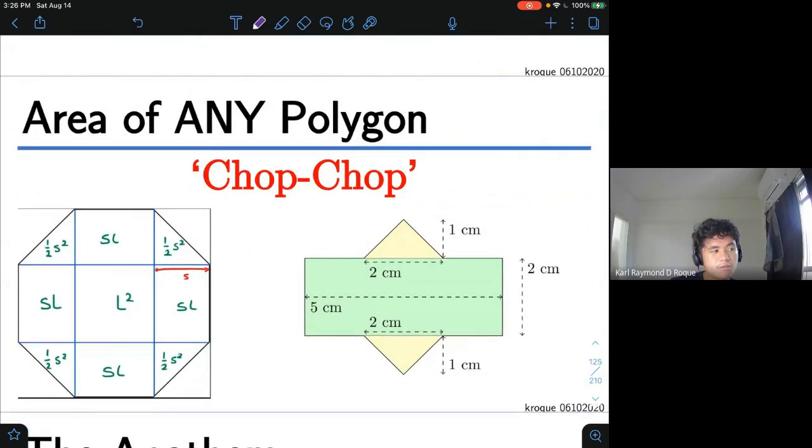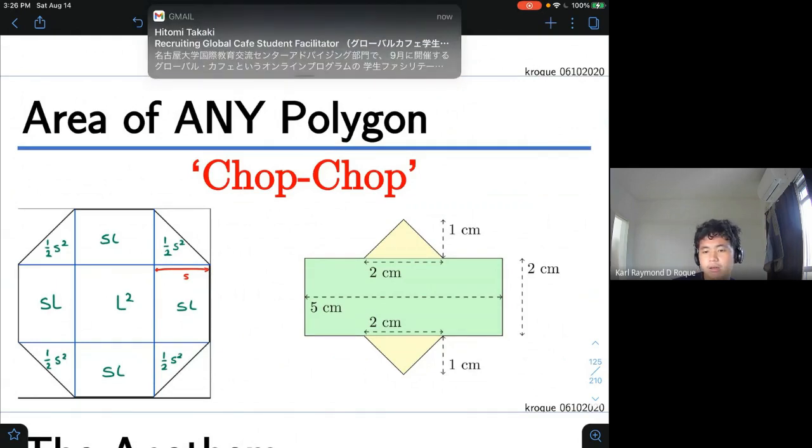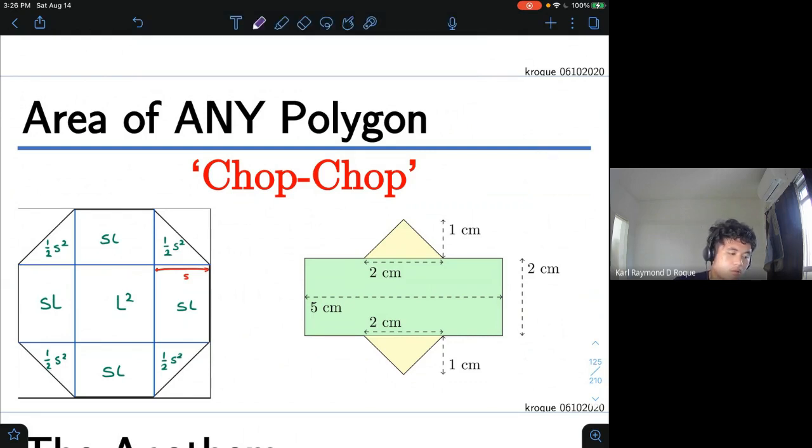How to get the area of a polygon? Chop. Ano yung sabihin ng chop?